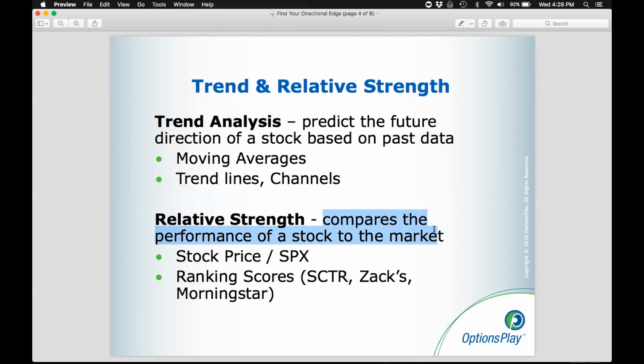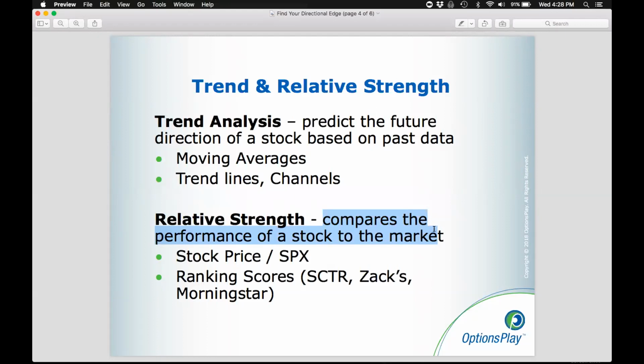And if a stock is outperforming its benchmark, an institutional money manager will most likely keep that in their portfolio. And if there are any stocks that are underperforming the market and it's causing them to potentially miss the benchmark, then they're typically going to sell those stocks and not hold on to those in their portfolio.